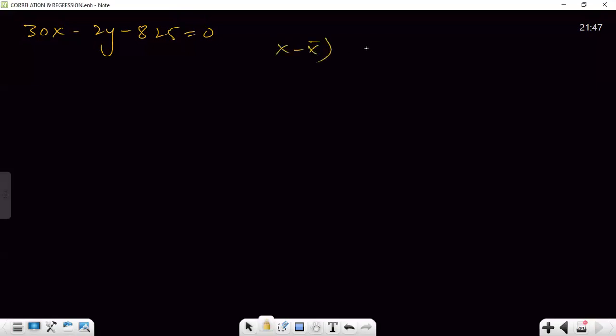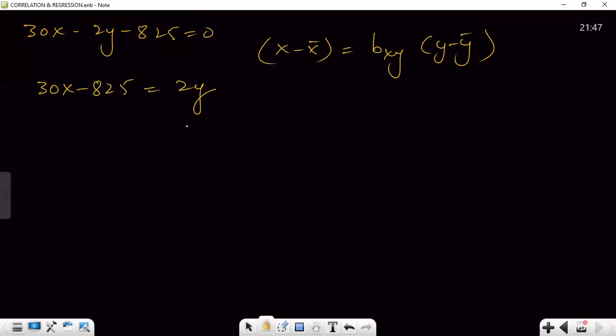So we'll find the equation in this format. For this, we need to find out what x is. 30x minus 825 is equal to 2y. Actually, we have to keep y alone.